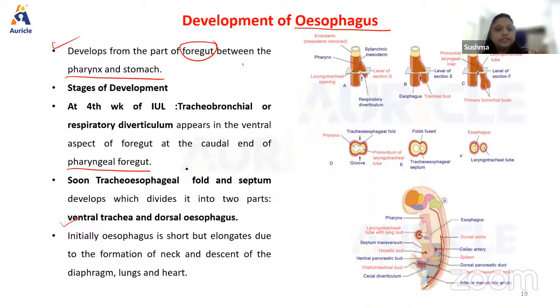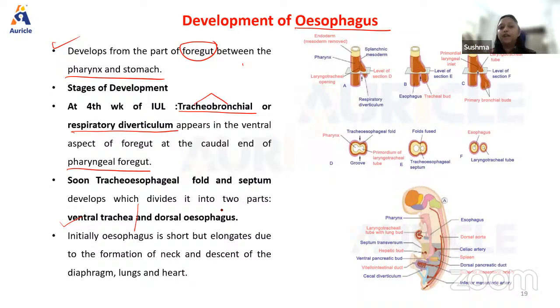Okay, there is a common structure which is there at the end of 4th week, which appears in the ventral aspect of the foregut at the caudal end of the pharyngeal foregut. Correct? What is that structure? Tracheobronchial or respiratory diverticulum. Tracheobronchial, it has both. It has trachea, bronchial or respiratory diverticulum. Soon after, tracheoesophageal fold and septum develops, and that divides it into 2 parts, ventral trachea and dorsal esophagus.